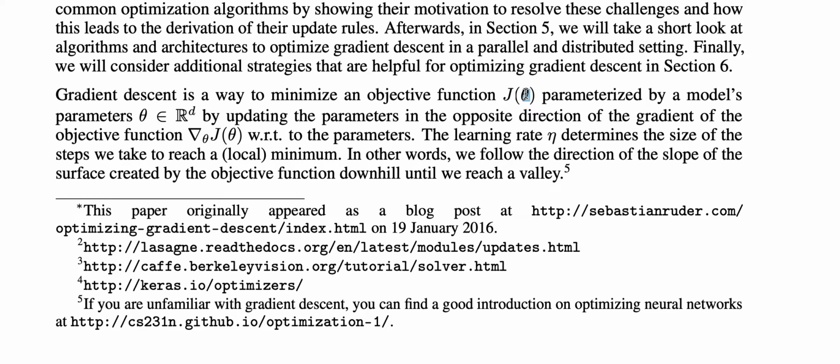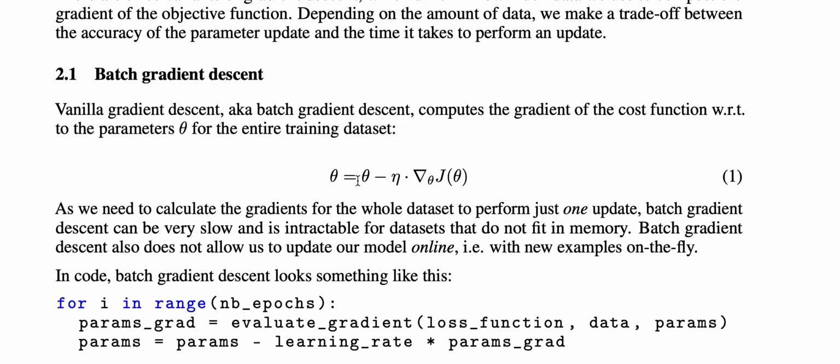The way to optimize it is to take the gradient with respect to the parameters, and then we have this learning rate, and update this parameter, so calculate this gradient for all the data, and then update this parameter iteratively until we reach the minimum.